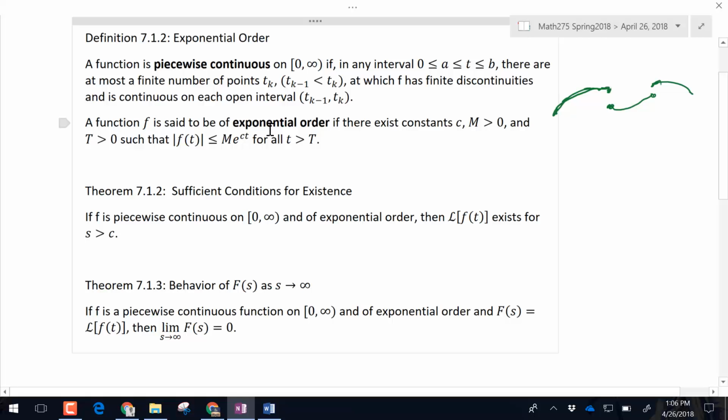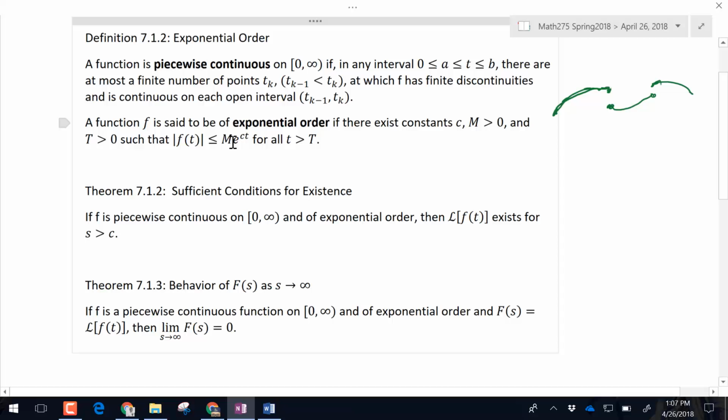So a function is of exponential order if there exists some constant and some capital T, so that f of t is smaller than some other exponential function. So those basic functions that we were looking at are examples of functions of exponential order.